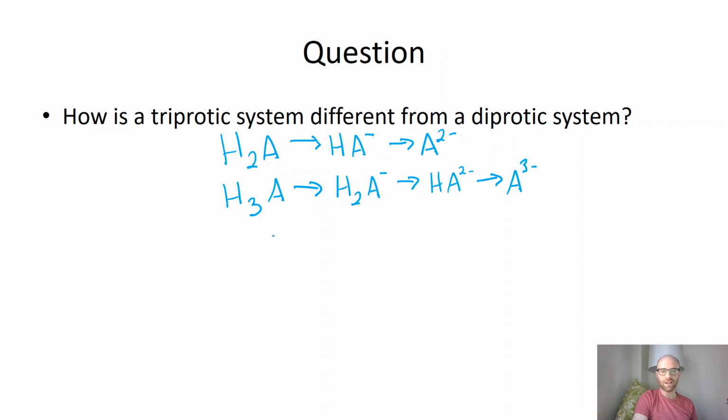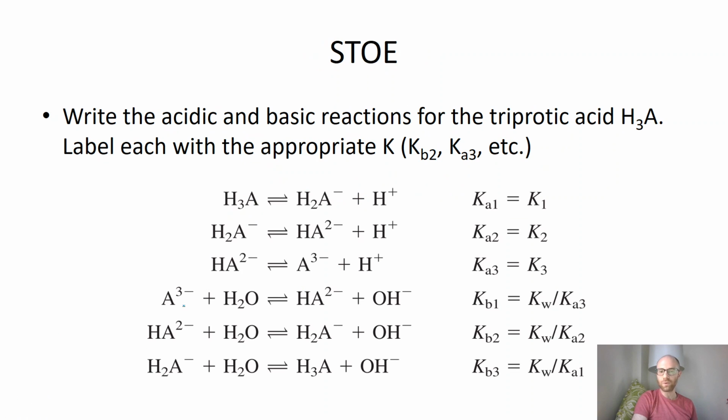So this means instead of 2 K values, you should actually have 3 K values, and the reactions that correspond to them are shown here. Of particular note here is that K1 is related to actually Kb3. If we look, here we've got our H3A and our H2A minus species, and those two species actually show up in the third base. So the way to think about this is to say the first deprotonation corresponds to the last protonation.